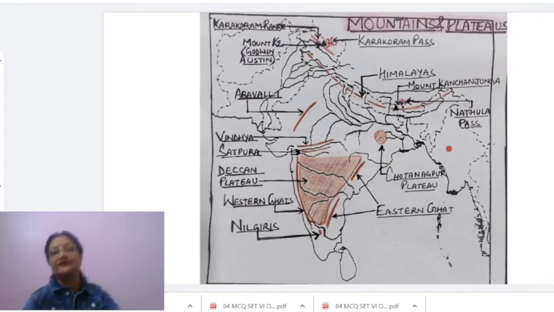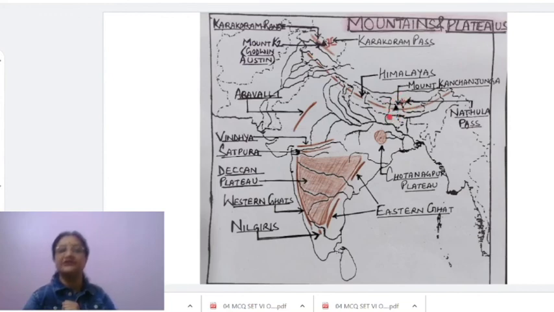After all these things, two important things are left. These are the two peaks which you have to mark in the Indian map. Very close to the Nathula Pass, you can see here, this is Mount Kanchenjunga. This is one peak you have to mark.